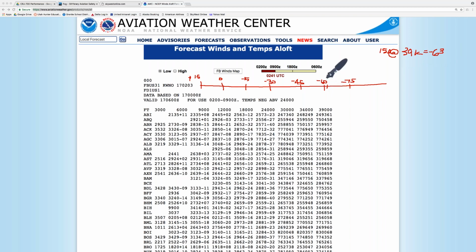So we've got our negative 63 degrees right here. But the actual outside air temperature is negative 59 degrees.